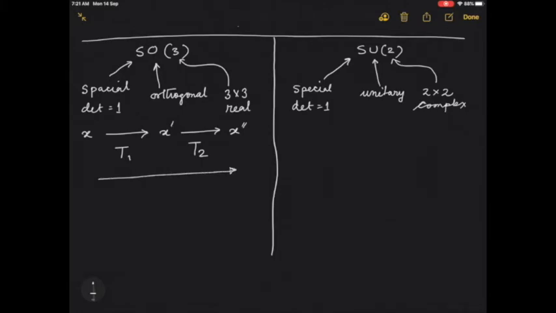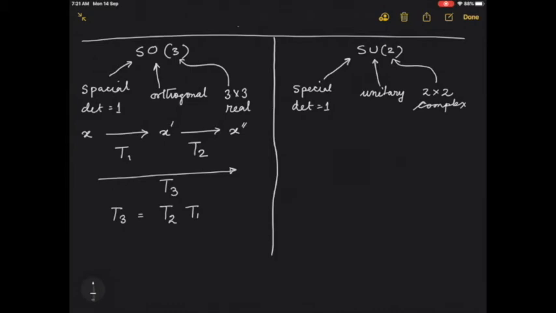So we can ask the question, what is the transformation matrix from x to x double prime, and say that is T3. Then we saw that T3 is given by T1 happens first and then T2 happens second.